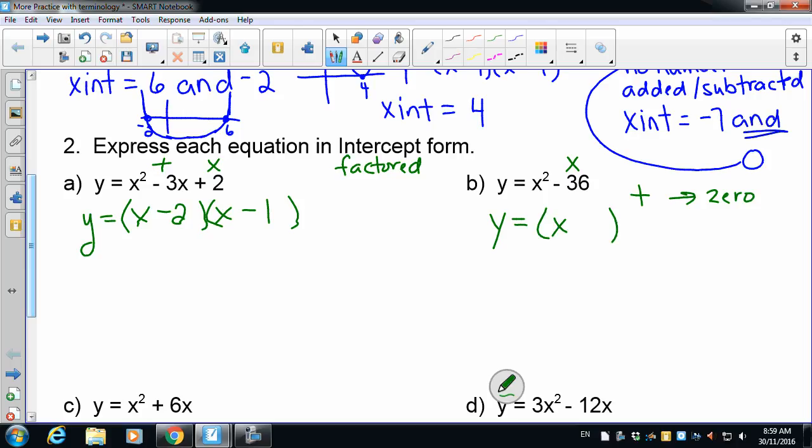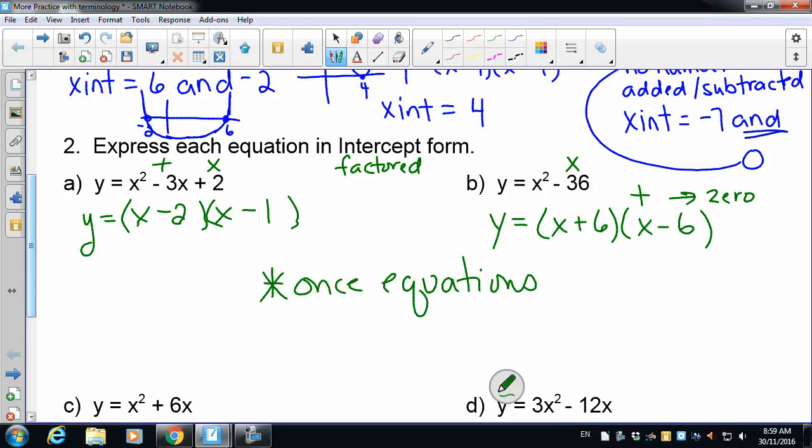So if you have done your factoring practice, you'll pretty quickly know that they'll be the same number, just one will be positive and one will be negative. So when we express each in intercept or factored form, that allows us, once the equations are factored, the next step, even though we weren't asked to do it, would be we know our x-intercepts from our factors.